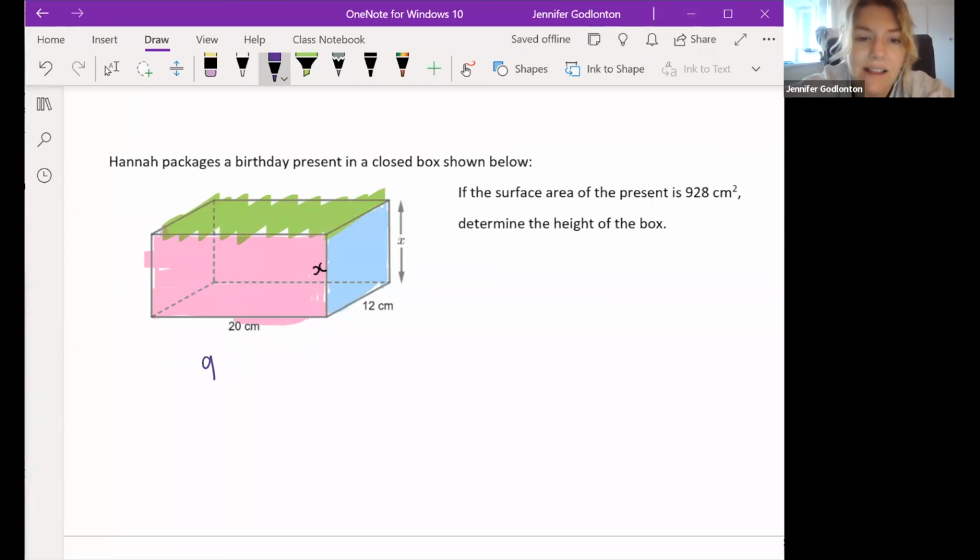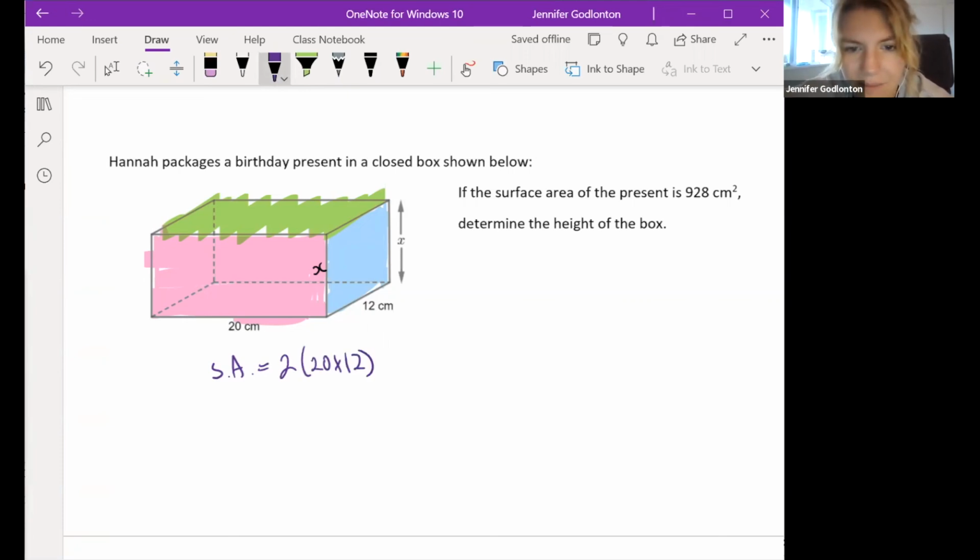Okay, so can I write the 928 in now for surface area? Not really. Oh, no, but it's fine. So surface area is equal to, tell me, 2 times 20 times 12, plus 2 times 20 times x, plus 2 times 12x.